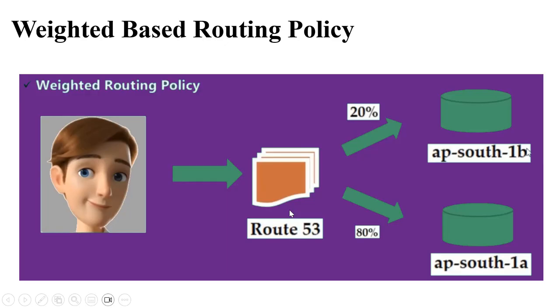In those cases also you can use Route 53 with a weight-based policy. First, set testing to 0 and production to 100%. But once testing and the next release is ready, increase the load 20% to this one and 80% to the other. Slowly decrease the load on the previous production and completely make it 100% to the new servers, the new version. But this should have the same replica.